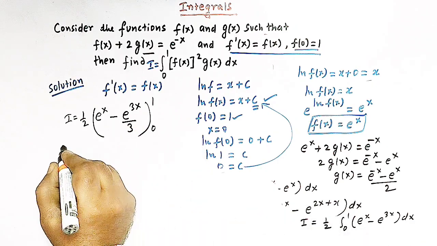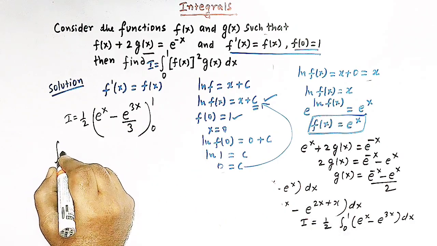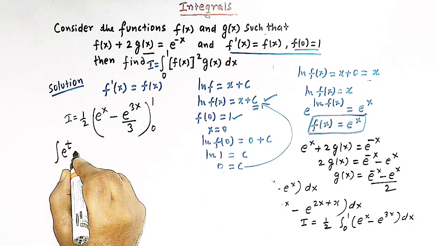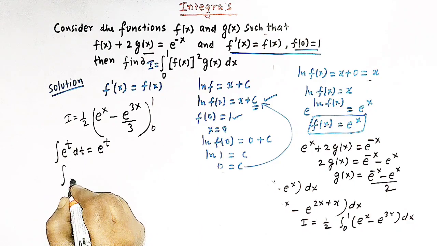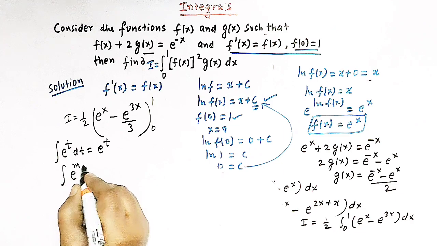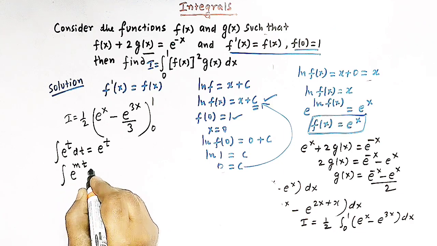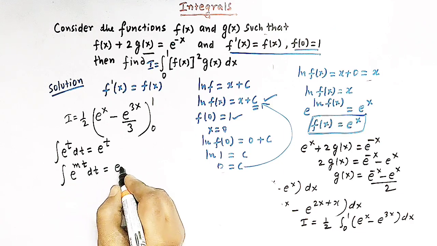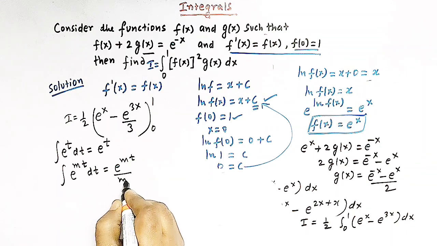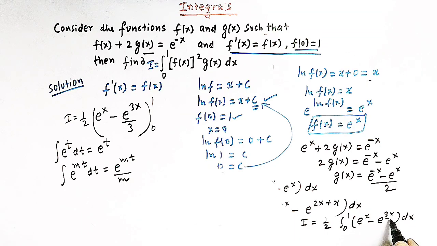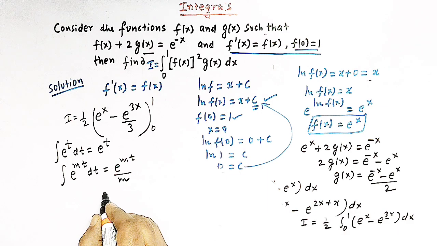So here we have used these two results. The integral of e raised to t dt is equal to e raised to t, and the integral of e raised to m times t dt is equal to e raised to m times t divided by m. So here the value of m is 3, right?